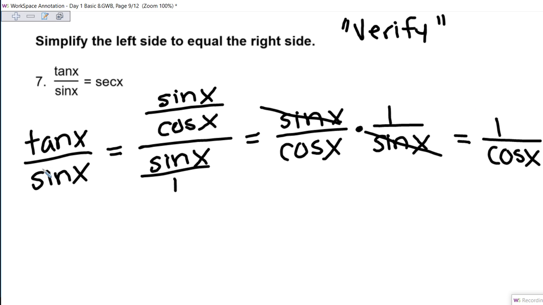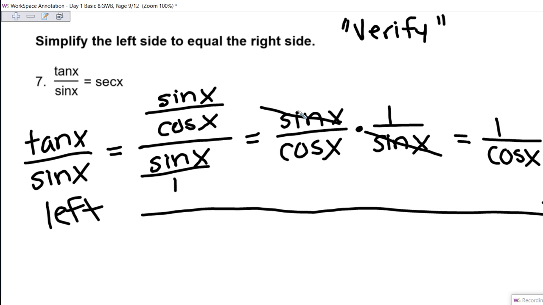So notice we started with what was on the left side, and we showed using trig identities that it's equal to the right side. Now, did I do operations to the right side? No. I started with the left side, and I only did operations to the left side only. So I started with the left to prove that it's equal to what was on the right side of the equal sign.